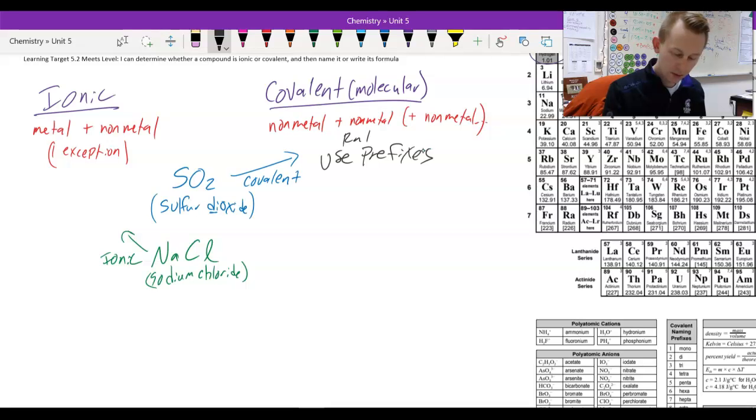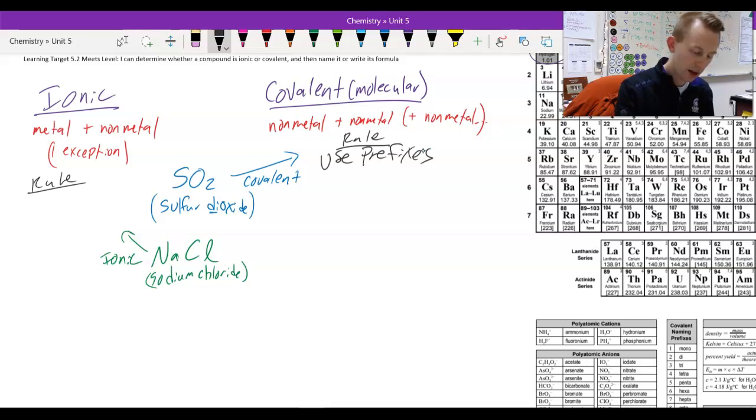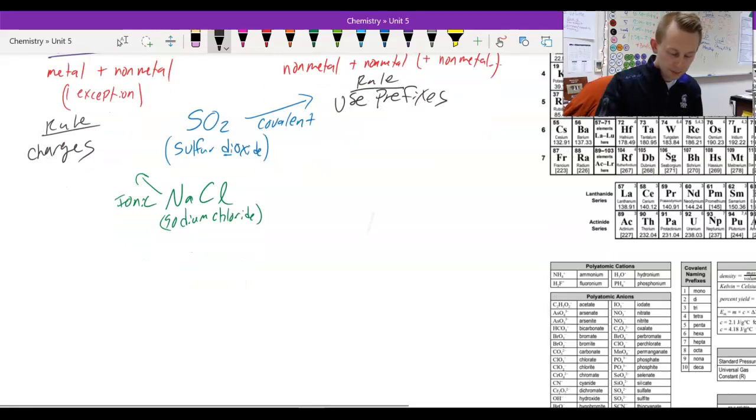That's like the mono, tetra, octa, and so on. The rule for ionic is charges. You're going to use the charges to figure out the right formula for ionic compounds.